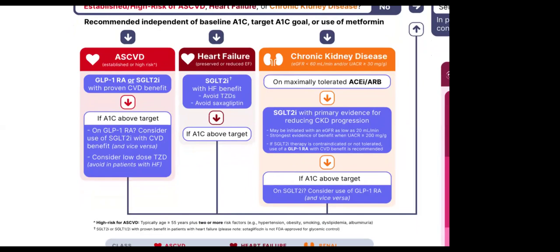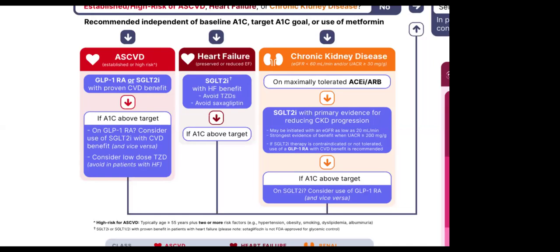You can also consider using a low dose thiazolidinedione, for example pioglitazone. But it is important to note that they should not be used in patients with heart failure, as we shall see ahead in some of the adverse effects of the drug.